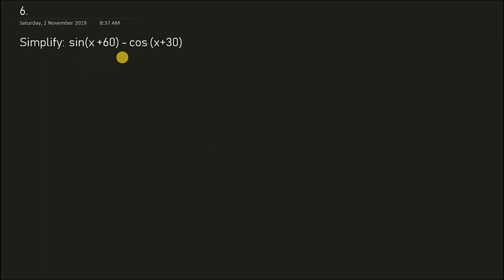So, simplify sine x plus 60 minus cosine x plus 30. So, basically, guys, this is sum and difference identities. Bago natin nga, mas mabuting isulat muna natin kung ano yung sum identity ng sine and sum identity ng cosine.